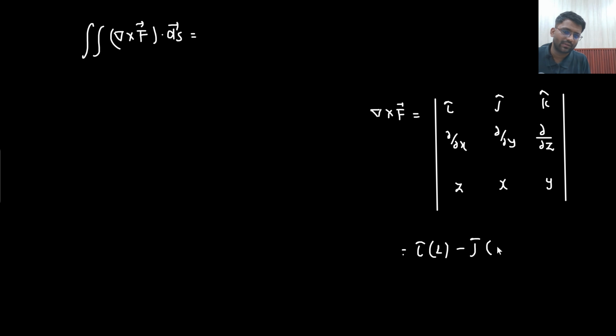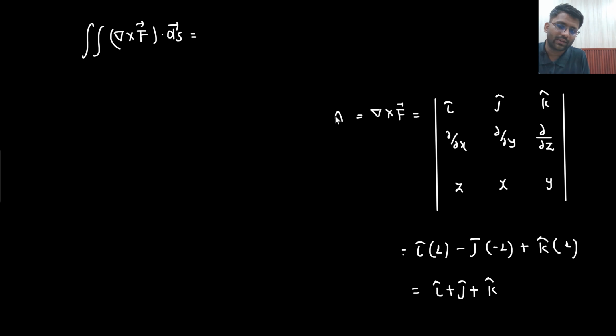I cap 1 minus j cap minus 1, and then k cap 1. This is what you are getting, right? You are getting i cap plus j cap plus k cap. This is the del cross f you are getting.